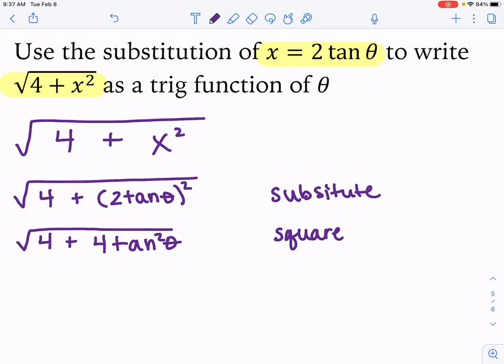Okay, now, let me point something out to you. If I take the square root of 4 plus 9, what is this? The square root of 13, right?